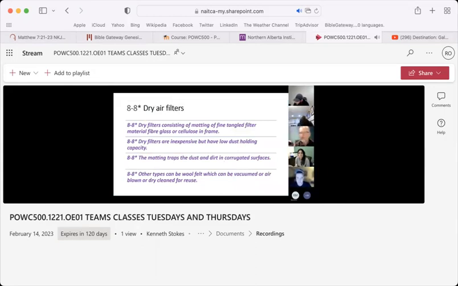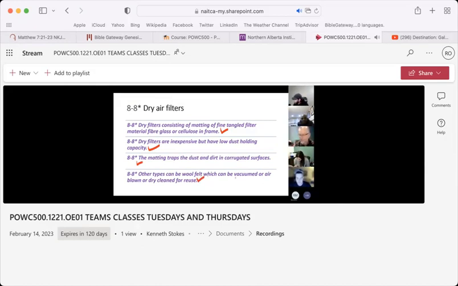Dry air filters. Some important points about dry air filters. Matting or fine tangled filter material, fiberglass or cellulose in a frame. Dry air filters are inexpensive, but often the dust holding capacity is lower, other than certain special types that have great surface area. Matting traps the dust and dirt in corrugated surfaces, and some types are reusable.